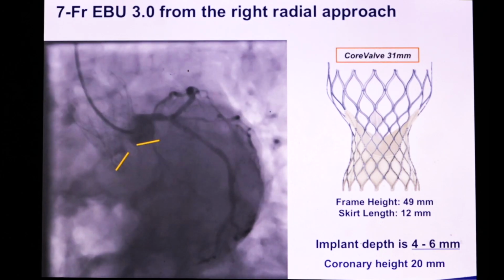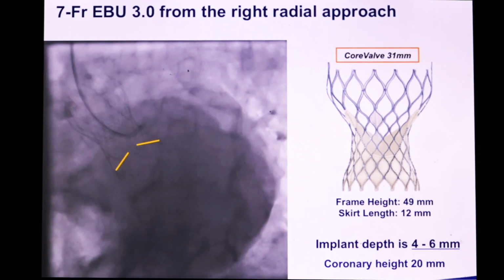This patient had a coronary height of 20 millimeters, so we had ample room to engage the left coronary. But again, we have to make sure that we don't prolapse this EBU3 catheter into the core valve strut and we engage from above.